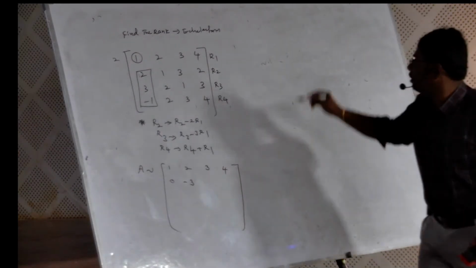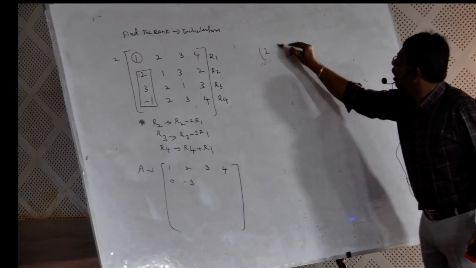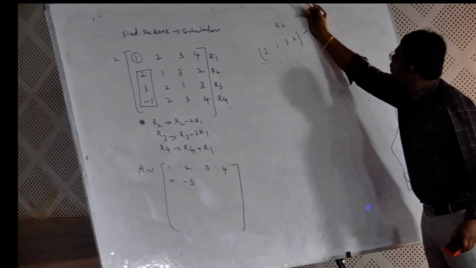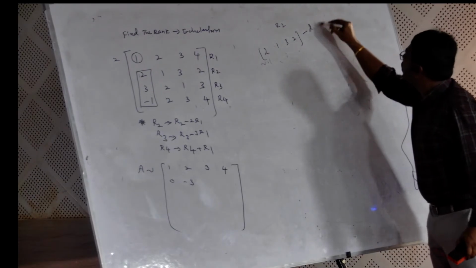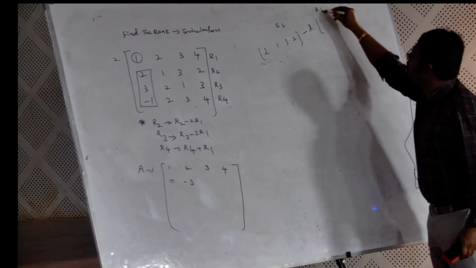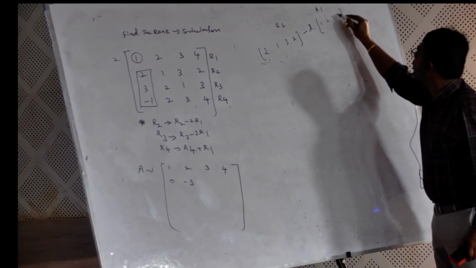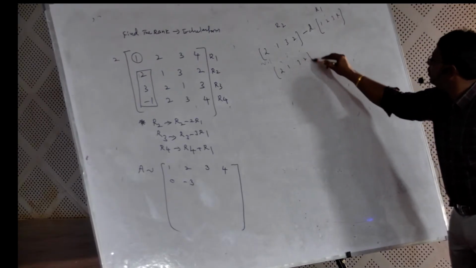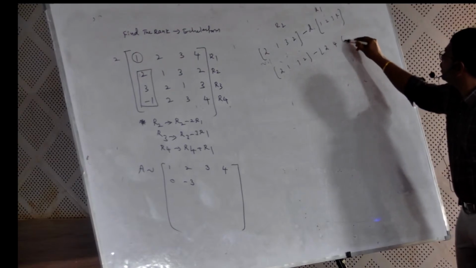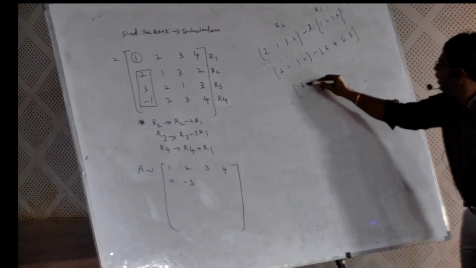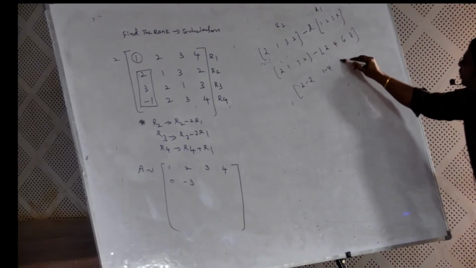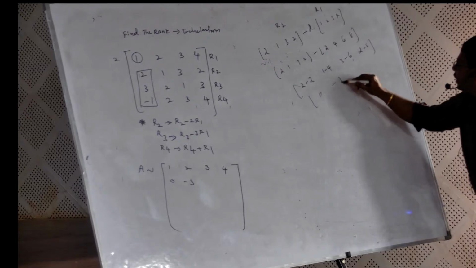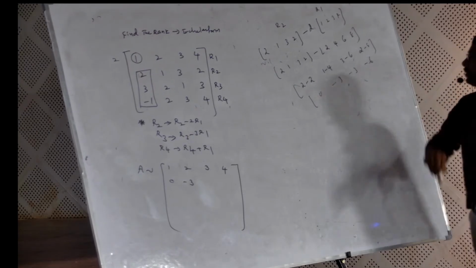Once again, I am writing this step clearly: R2 minus 2 times R1. 2, 1, 3, 2 minus 2, 4, 6, 8. That gives 2 minus 2, 1 minus 4, 3 minus 6, 2 minus 8: 0, minus 3, minus 3, minus 6.